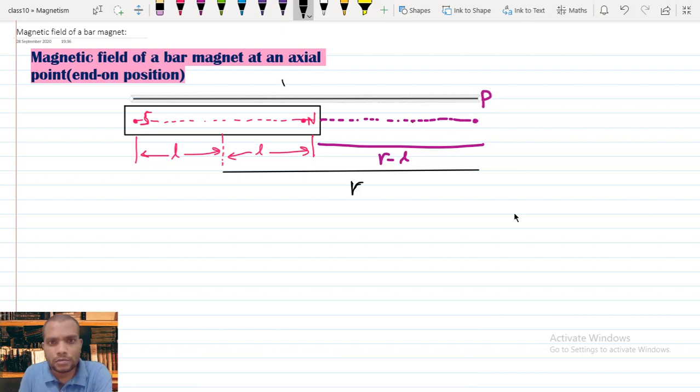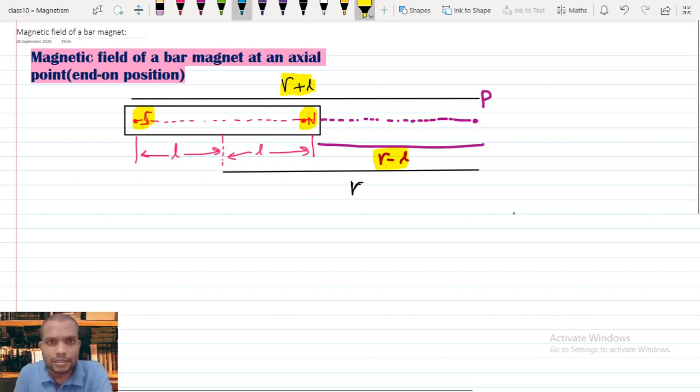From the south pole the distance becomes r plus L. So try to get this difference in the distance, because we consider the point from the center of the magnet. Now we need to find it from each pole, not from the center. So that's why there is a change in the length from the two poles.